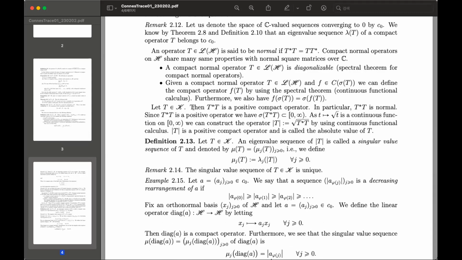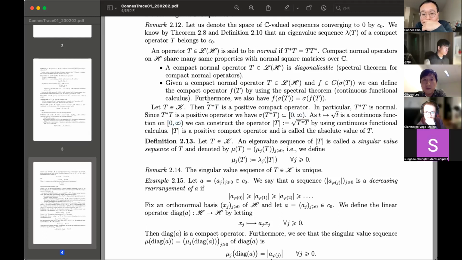Okay, and so let T be a compact operator. Then of course T star T becomes a positive compact operator. What do I mean by positive? Well, positiveness means that its spectrum belongs to the positive real line. And here the square root is a continuous function on the positive real line, which contains the spectrum of the given operator T star T. So we can evaluate T star T at the square root function by using the procedure explained above.